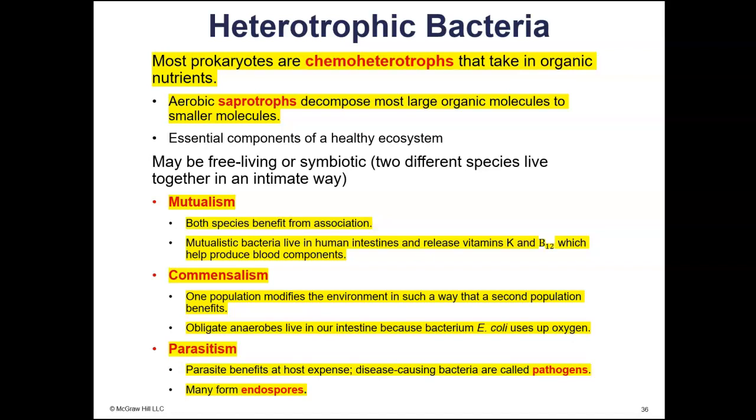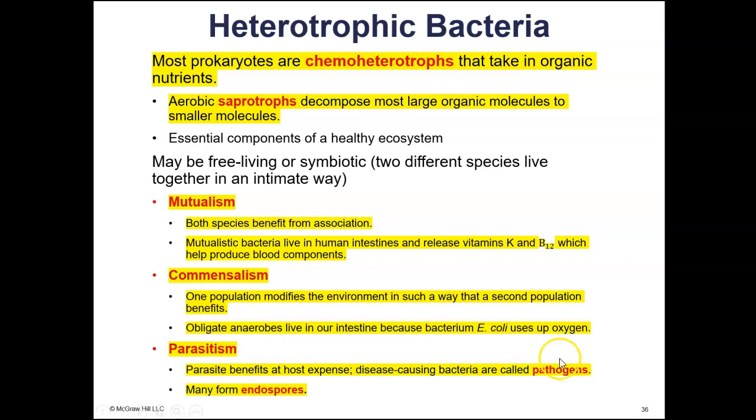So we benefit because we get vitamins from them, and they benefit by getting a habitat and food from us. Commensalism is when one organism benefits and the other is not affected. So there are also bacteria that live in our intestine called obligate anaerobes, because it's an anaerobic environment, no oxygen there.